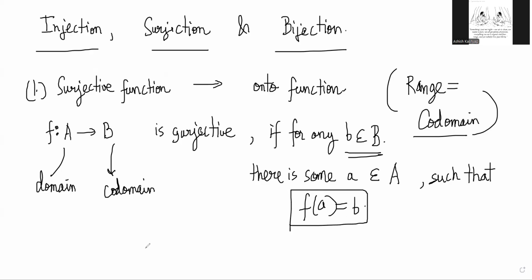So basically we are saying that every element in the codomain is definitely having a pre-image in the domain. Or another way of saying that is range is equal to codomain, right? So that is the meaning of surjective function. I made a mistake by saying injective. That's a surjection or an onto function.